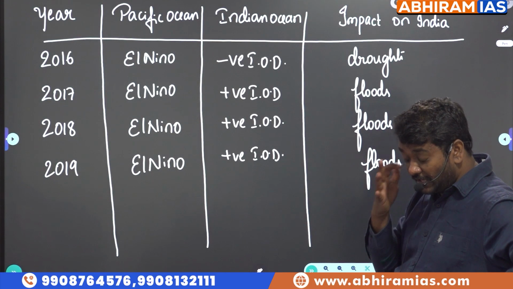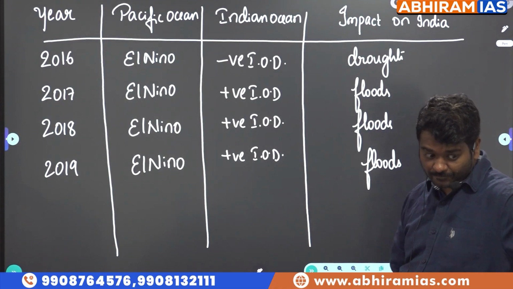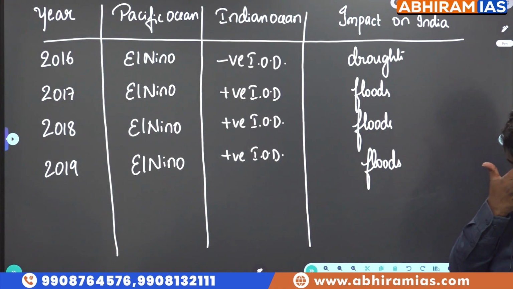First off, there will be more cyclones in Arabian Sea. In that year, whenever positive IOD is there, you will have more cyclones in Arabian Sea.